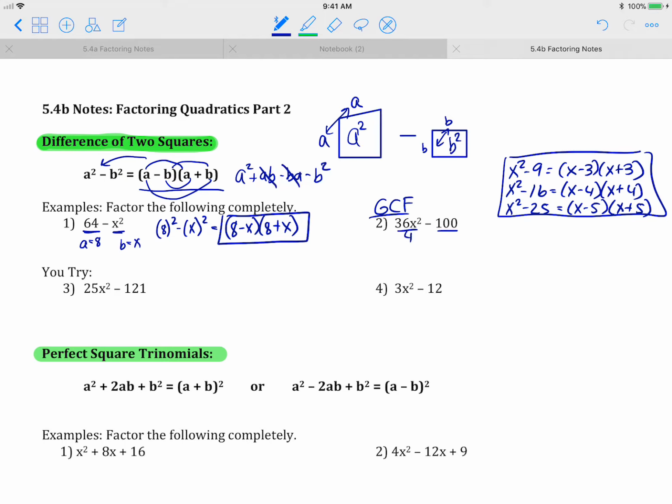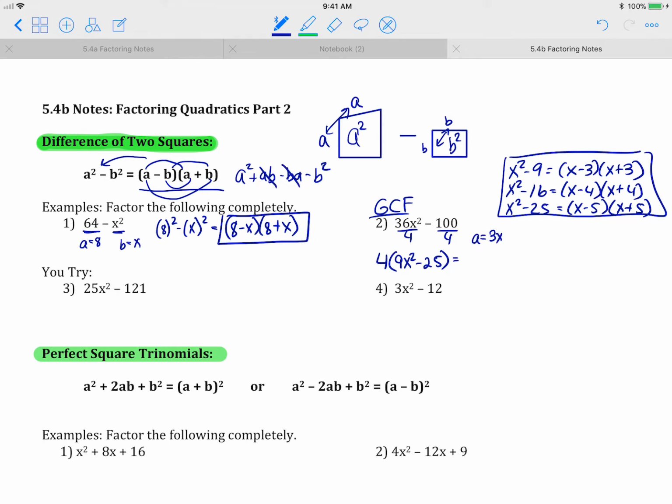If I divide both of these by 4, I factor out a 4. So I'm going to put the 4 right there. It's been factored out, and I'm left with 9x squared minus 25. Do 9 and 25 have a GCF? Nope, they don't. So now I'm going to redo my problem, making sure to put a 4 on the outside. What could I square and get 9x squared? 3x.